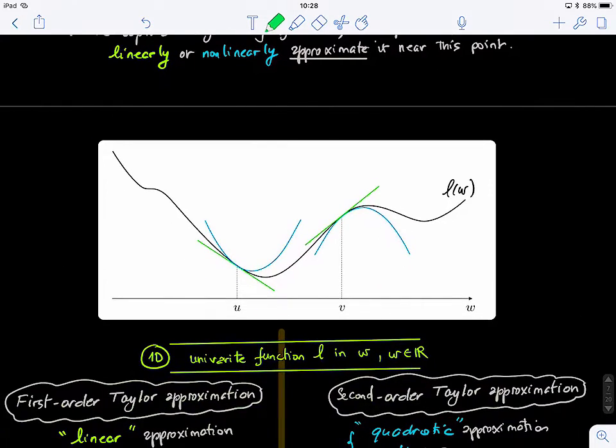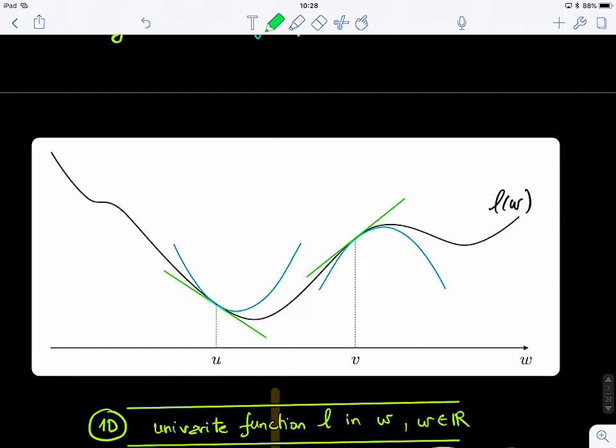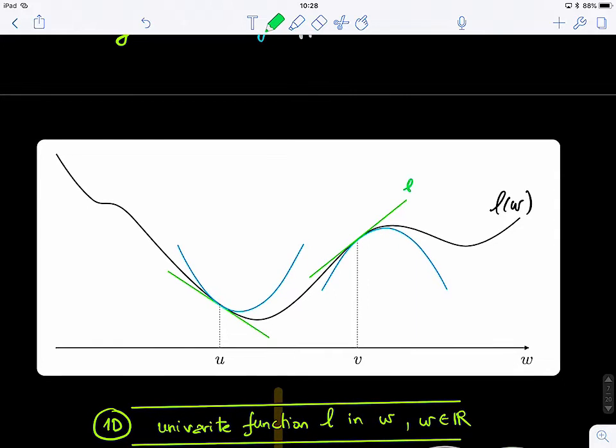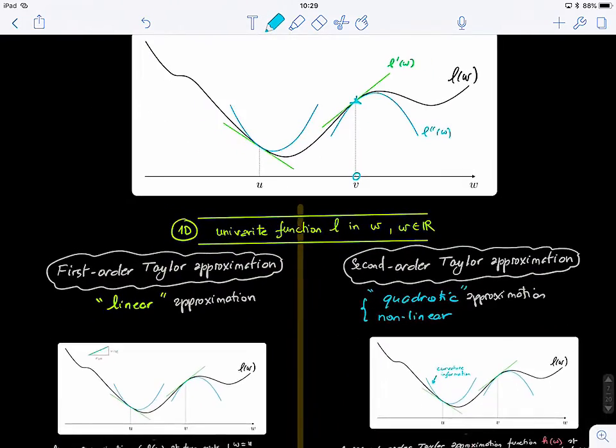So here we have the tangent, and in this case, this is the first derivative. But we also have, as we're going to see, the second derivative, which tells us about the curvature around that point, around our observation or current point V. Now let's look at a very simple case.